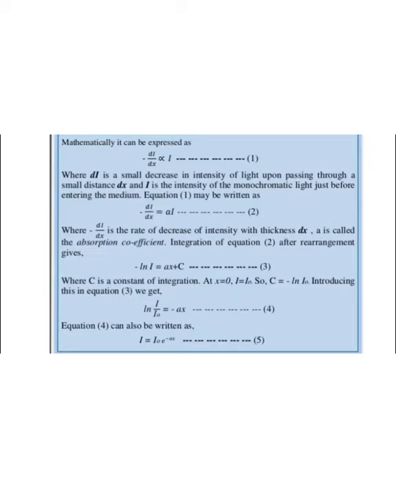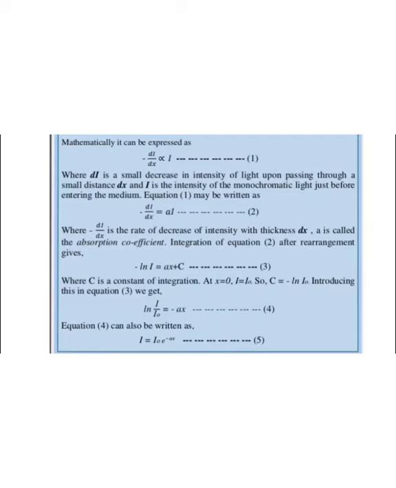Integrating, minus ln I is equal to ax plus C, equation 3, where C is an integration constant. When monochromatic light passes through a medium with starting thickness x0 and starting intensity I0, at x equal to 0, I is equal to I0, so C is equal to minus ln I0.